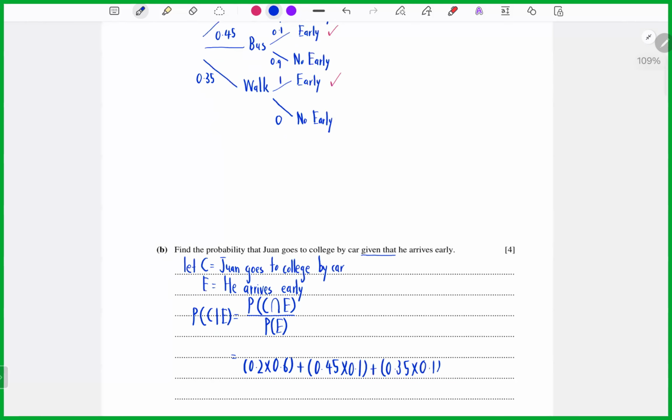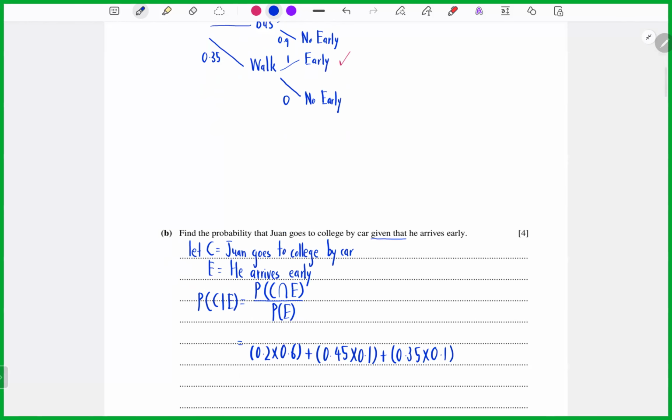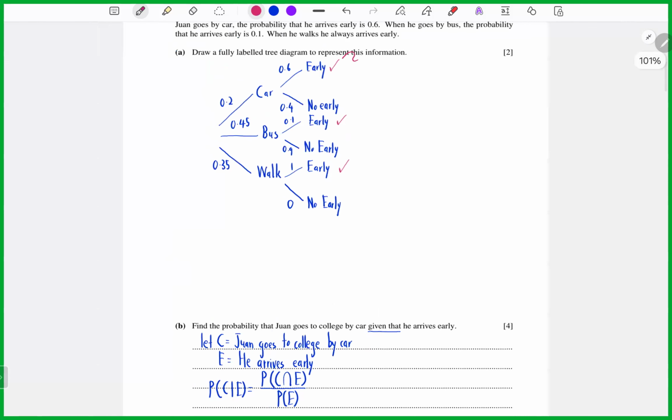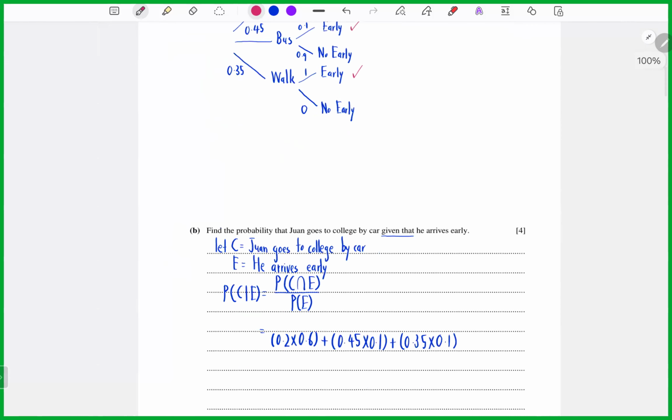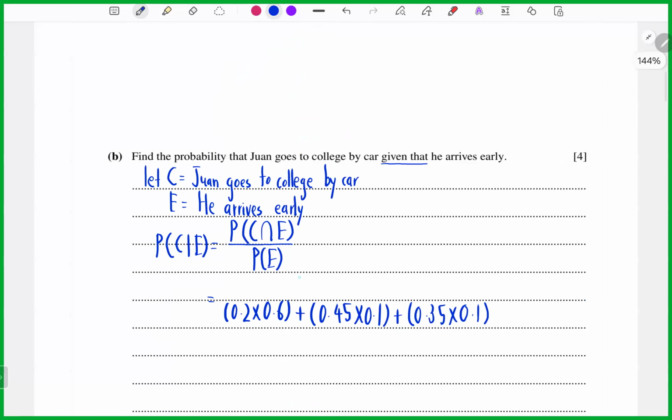And then for C and E, it means early, so you take this part again: 0.2 multiply 0.6 here. I draw the straight line first.